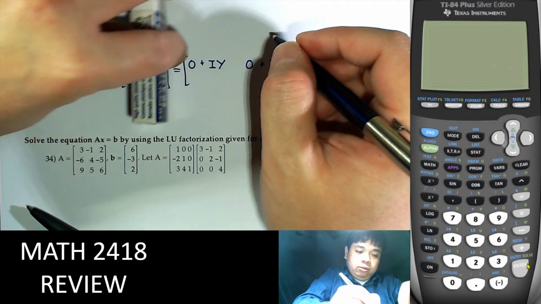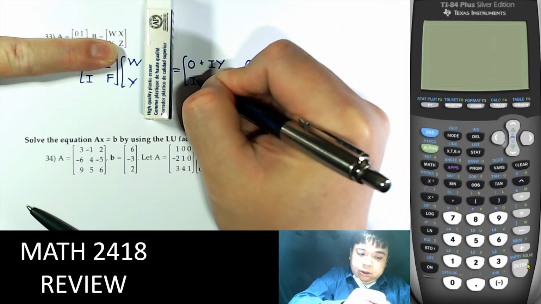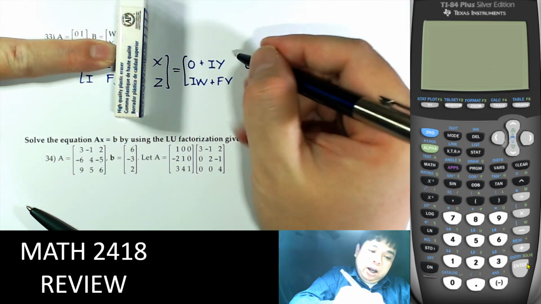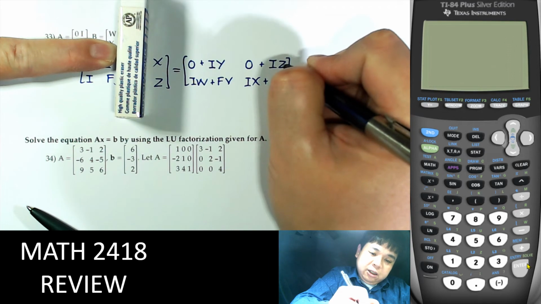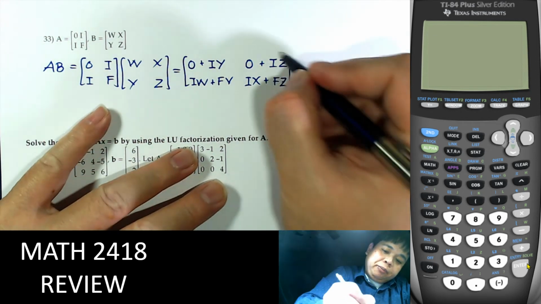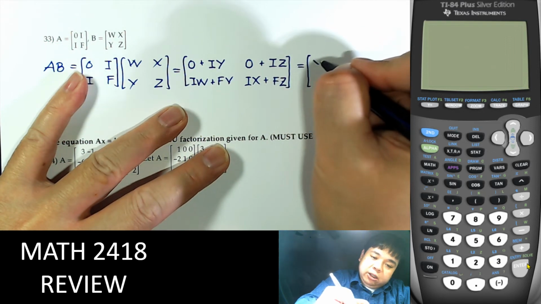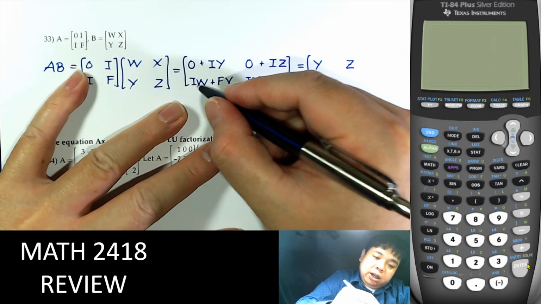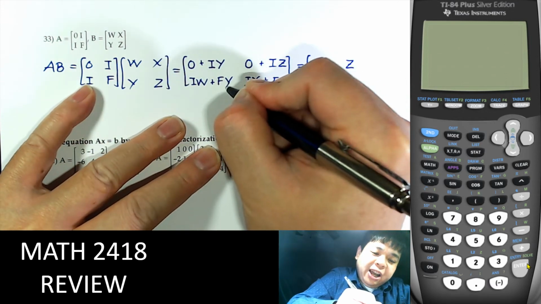And now we go to the second row: I times W plus F times Y, and then I times X plus F times Z. Right. 0 plus I times Y is just Y, and this is just Z. I times W is just W, plus FY.